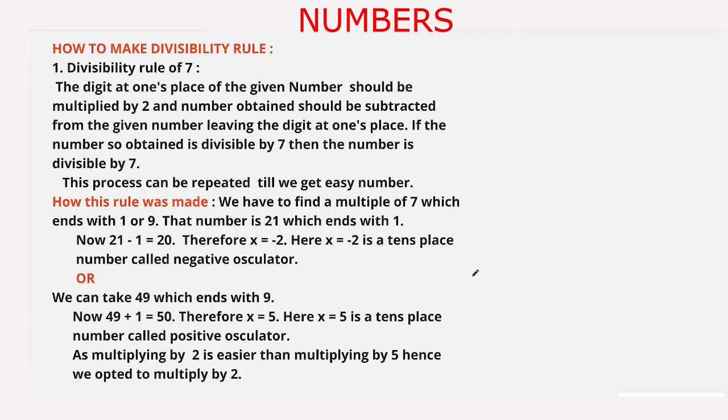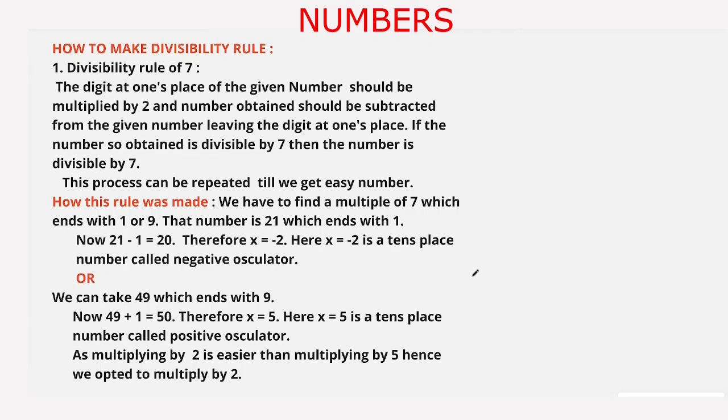The tens place digit 5 is called positive oscillator because we are going to add the multiplication of 5 to the ones place, and minus 2 is called negative oscillator as we subtracted 1 from 21 to get 20.